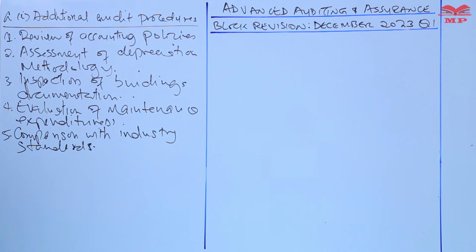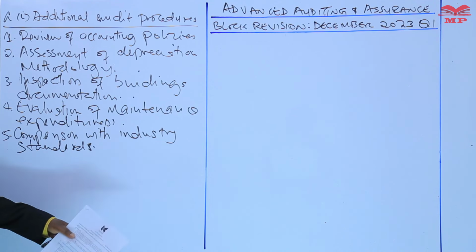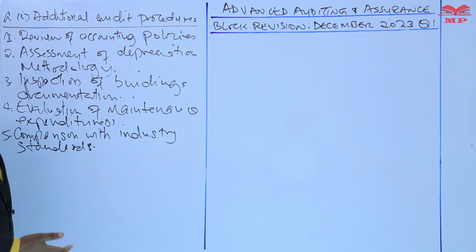What are the depreciation policies? What are the practices in the industry? And what are the standards, what are the norms in the industry compared to what the company is doing?